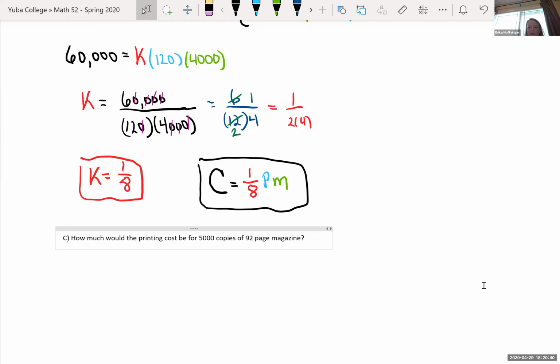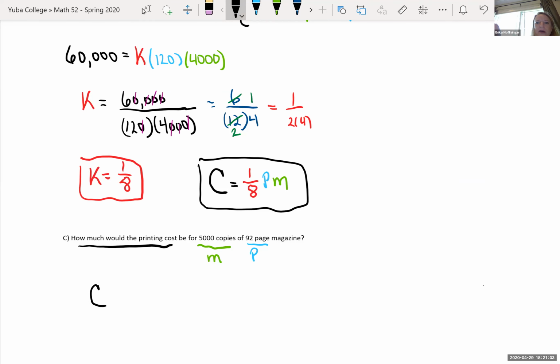Okay, so we know how many pages there are and we know how many magazines. We're looking for cost. There's 5,000 copies, so that's M, and it's a 92-page magazine, which is P. And we're looking at how much our cost is going to be. So C is equal to my K value, which is 1/8, times number of pages, 92, times number of copies, 5,000.